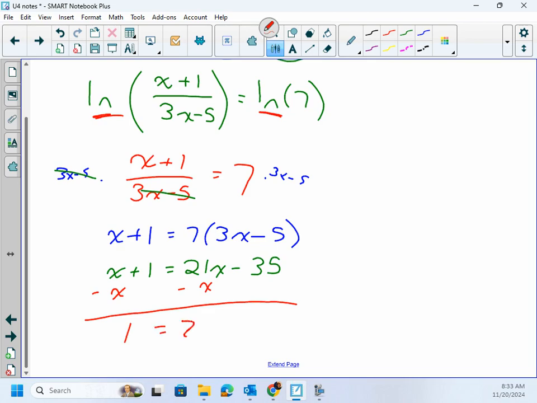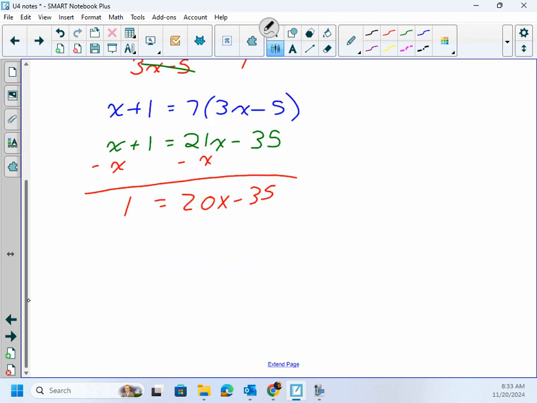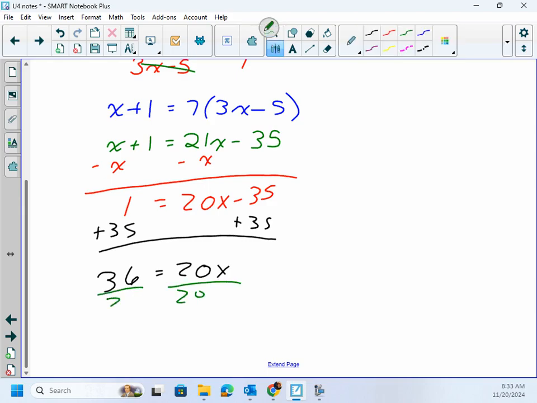So 1 equals 20x minus 35. So 36 equals 20x. X equals 36 over 20, or if I divide by 4, 9 over 5. So x equals 9 over 5.